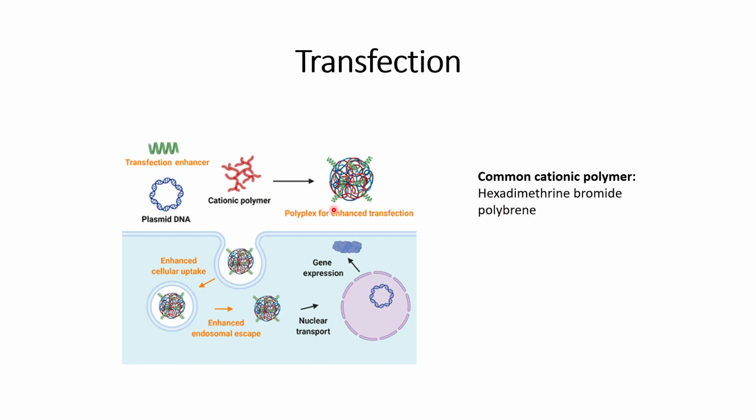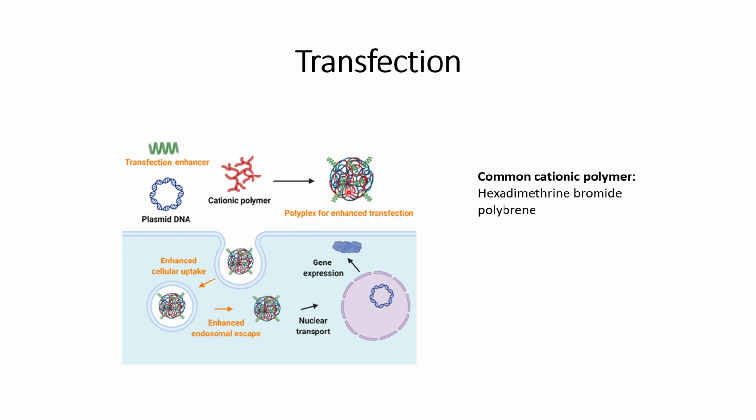And here in this figure, we can see that the cationic polymer and a specialized modified cationic polymer have been made, coupled with a transfection enhancer. So this overall will enhance the transfection efficiency, or we can say enhance cellular uptake. Cells are more prone to take up this kind of configuration.